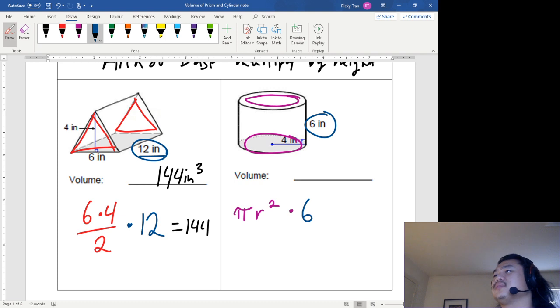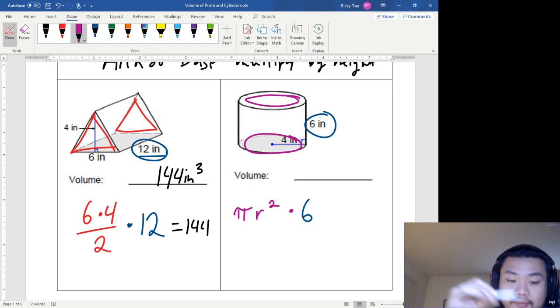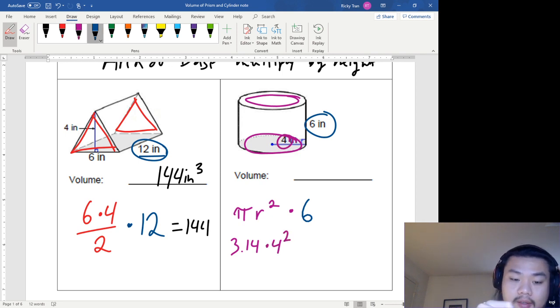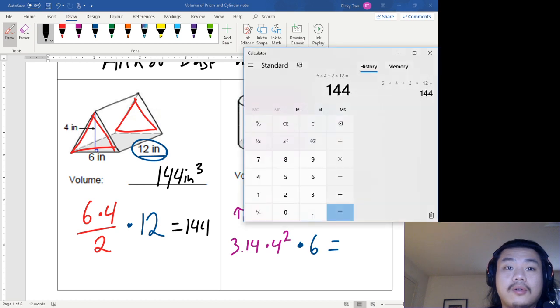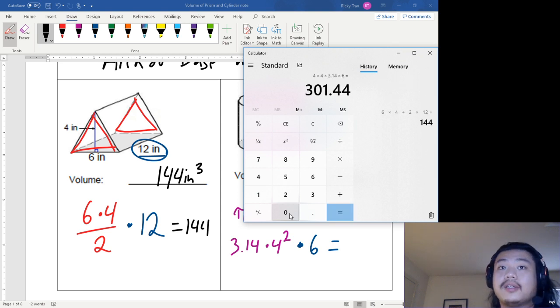Oh, you know what I just realized? I didn't give you guys a question on cylinder. Oh well, it's fine. So 3.14, the radius is 4 squared, times 6. So we do 4 times 4 times 3.14 times 6.